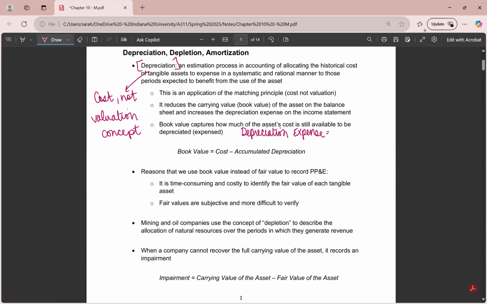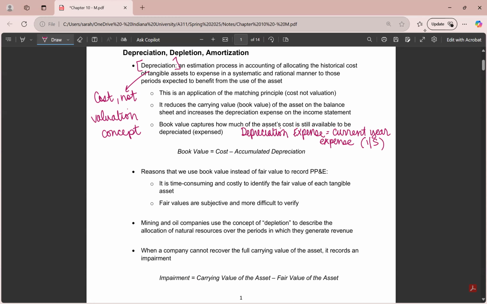It is for the current time period, for one fiscal year. So it's saying of the asset's total historical cost, what is the allocation, the piece that you expense in this year? And because it's an expense, we are going to see it on our income statement.